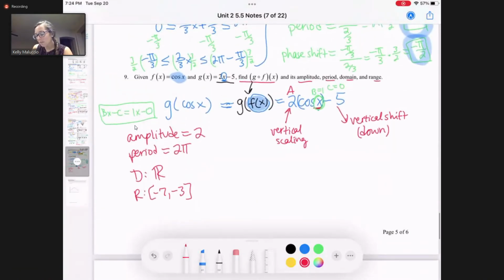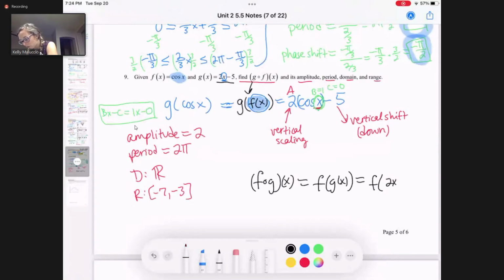Now, we won't take the time to do this one, but if we wanted to do f of g of x, this would be maybe a good exercise, right? f of g of x, which would be f of 2x minus 5. This would be a whole other transformation because this would be cosine of 2x minus 5.